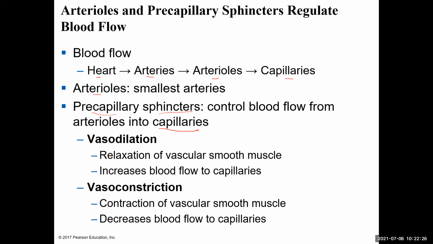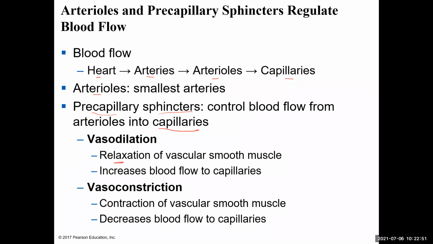Those precapillary sphincters can undergo either vasodilation or vasoconstriction. If they dilate, they're relaxing and allowing the blood flow at the arteriole to enter the capillaries. So this increases the blood flow because they're relaxed.